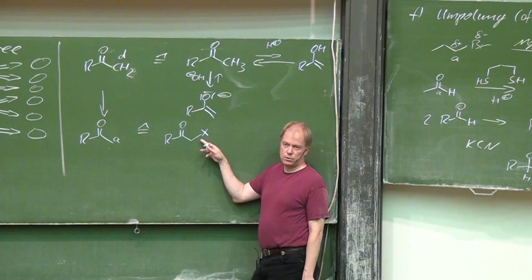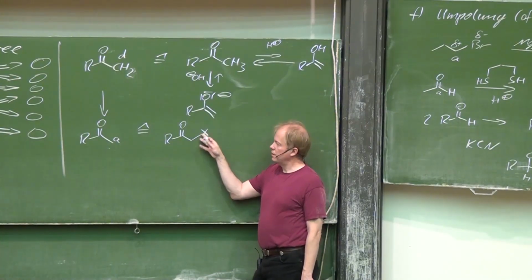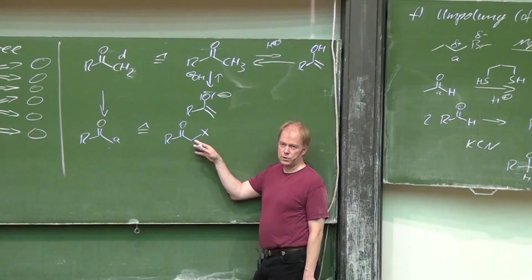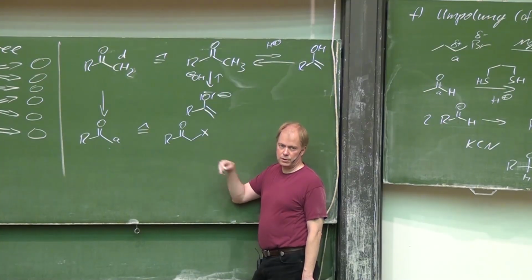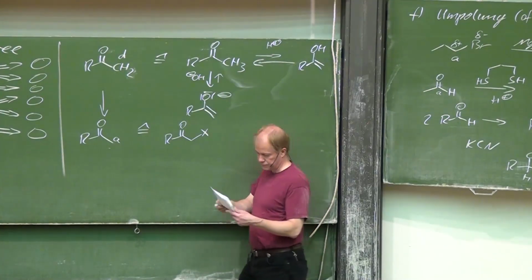Unfortunately, as you know, chloride and bromide at that position, alpha to a carbonyl group, are usually lacrimators, and you would like to avoid working with them.